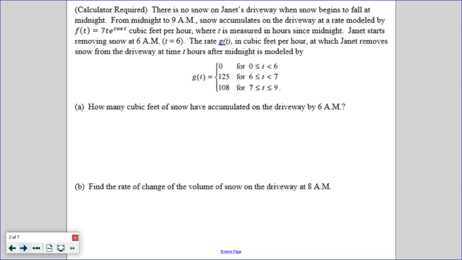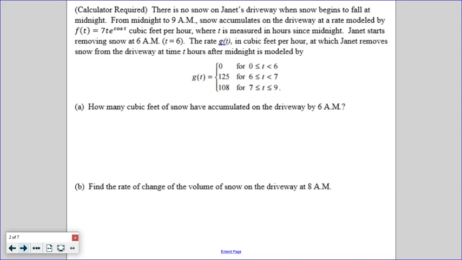Janet starts removing snow at 6 a.m., or time equals 6, and the rate in cubic feet per hour at which Janet is removing the snow is shown in the piecewise function. g of t is 0 from 0 to 6, 125 from 6 to 7, and 108 from 7 to 9. So, keeping all that in mind as we go through this problem.